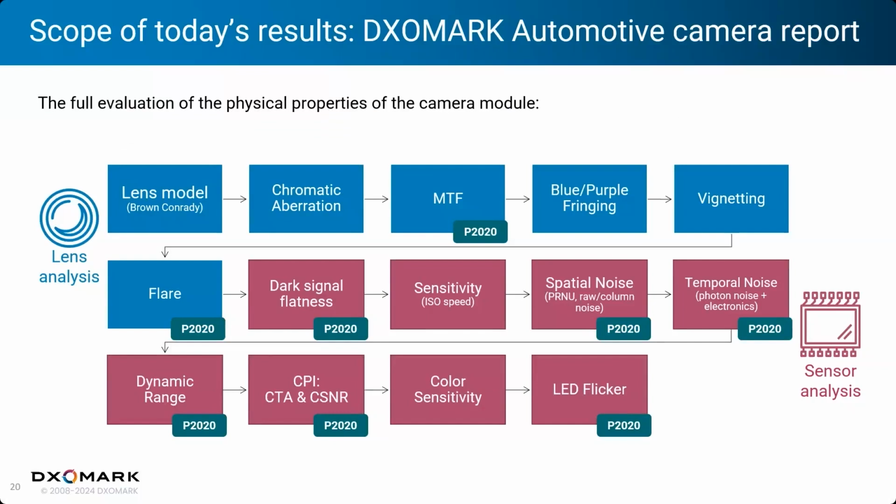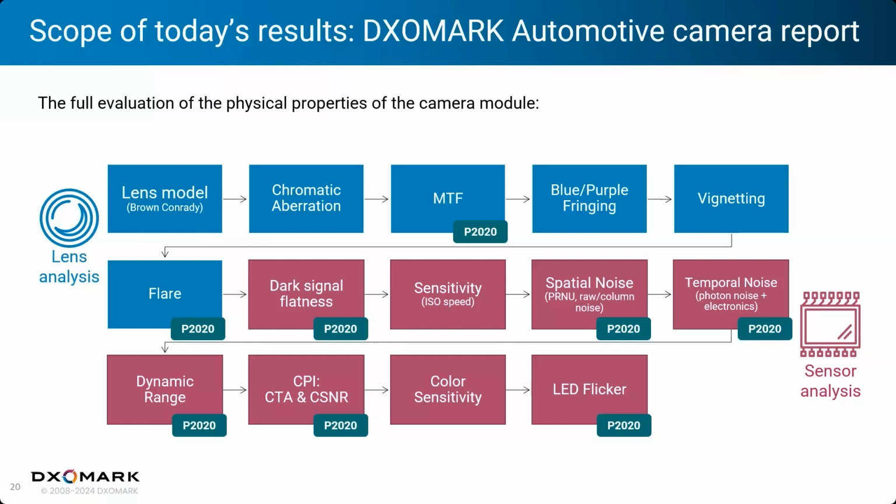Okay, so the scope of today's presentation is to show how those simulations can be integrated into what we at DXOMARK call the automotive camera report, which consists of testing a lot of physical properties of a camera module. The idea now is to be able to simulate a lot of those elements ahead of the production of the camera module.